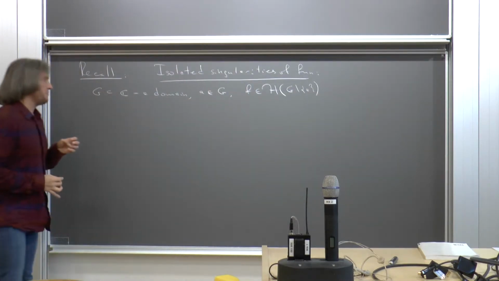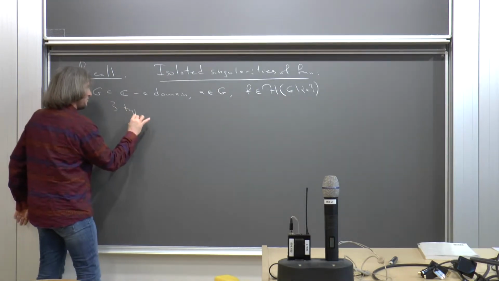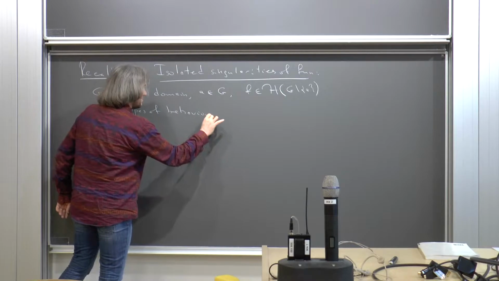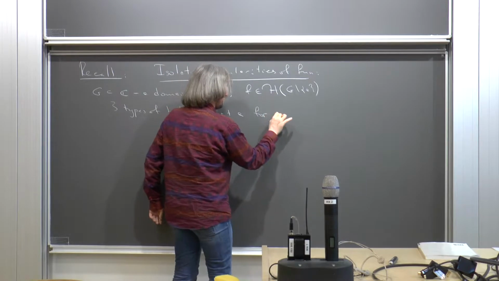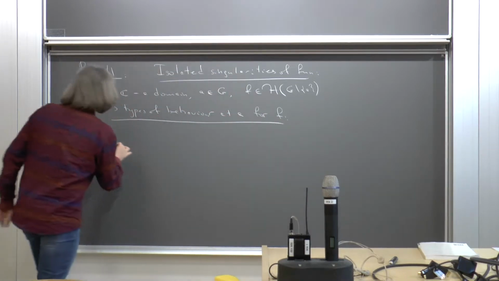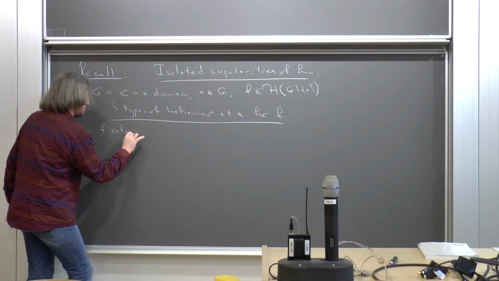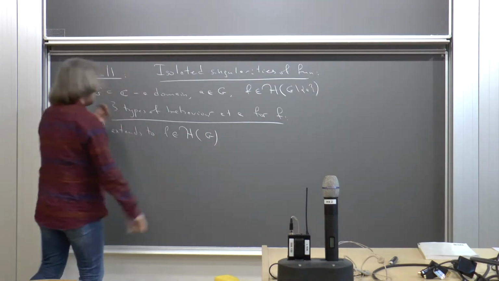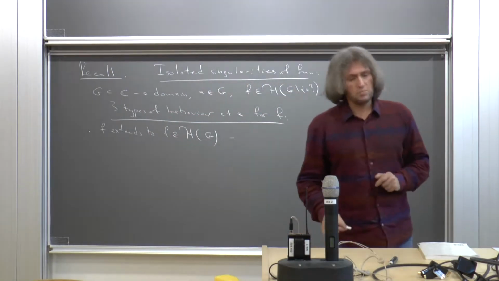And then we classified three types of behavior at A for F. So first, F extends to a function which is holomorphic in the whole G. So this is called a removable singularity.